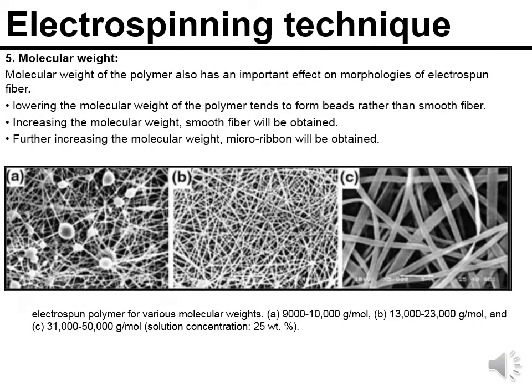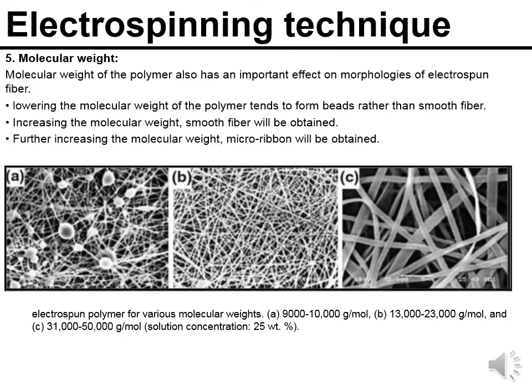Another important factor affecting the nanofiber is the molecular weight of the polymer, which directly affects the morphology of the nanofiber. A lower molecular weight polymer tends to form beads rather than smooth fiber, as shown in figure A. The beads are aggregated or spread in the picture.